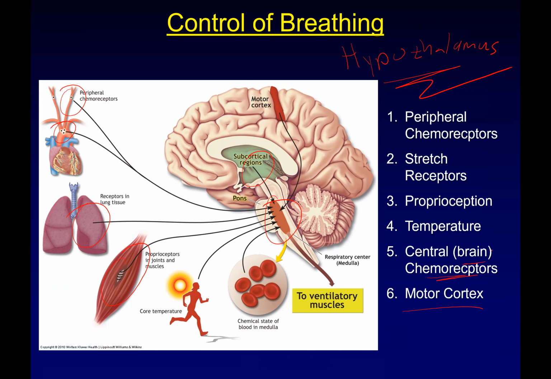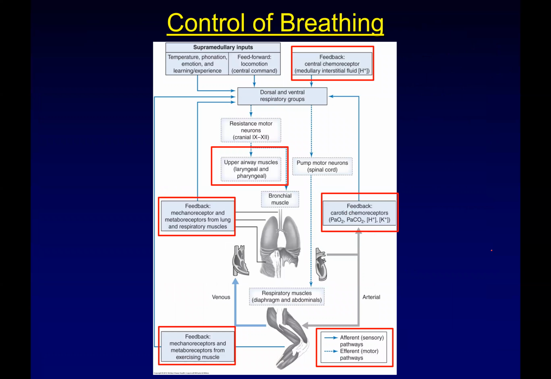But all of these things are going to get a certain amount of input, and they're going to tell the respiratory center to increase breathing frequency and increase breathing depth, which is going to drive this increase in ventilation that we need during exercise.